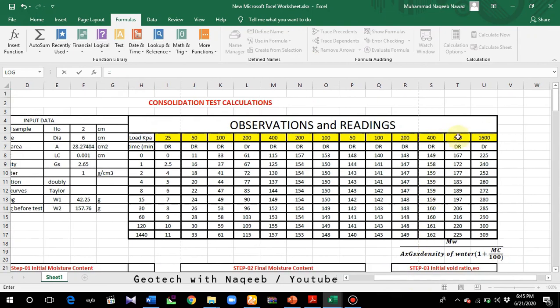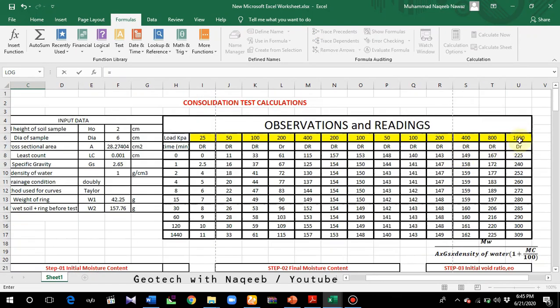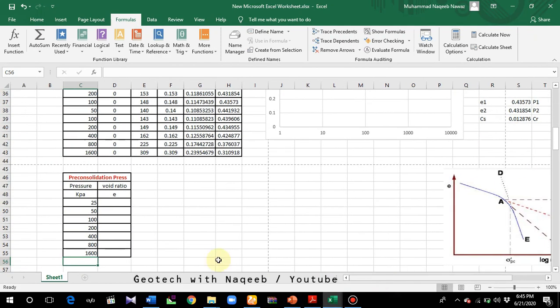I will jump to 800. This is very important to understand because we'll take only the loading part. So now I have selected this one.